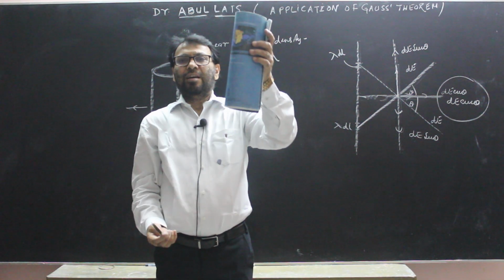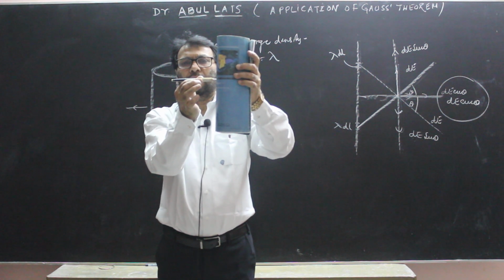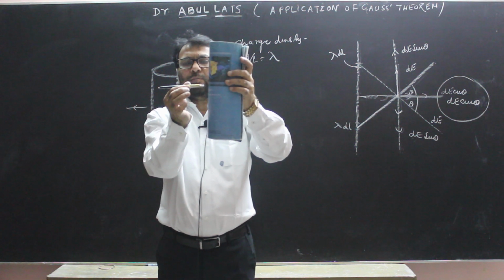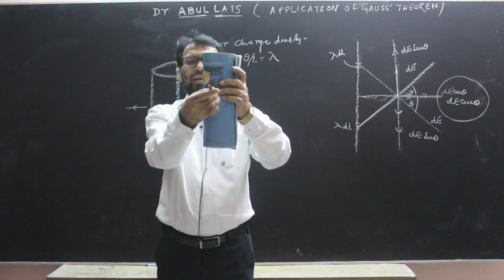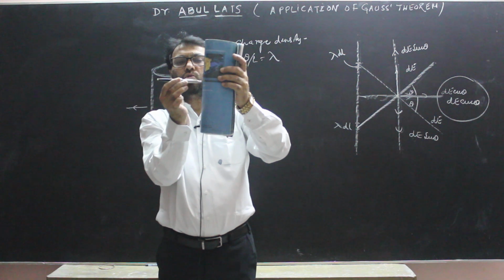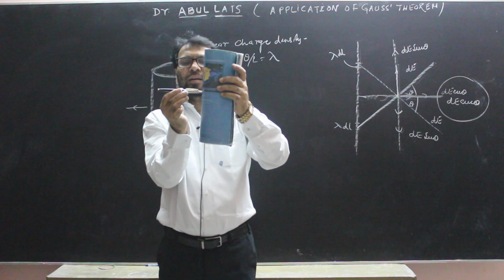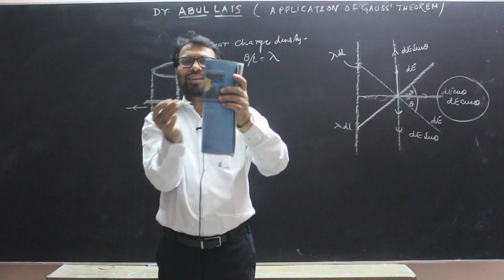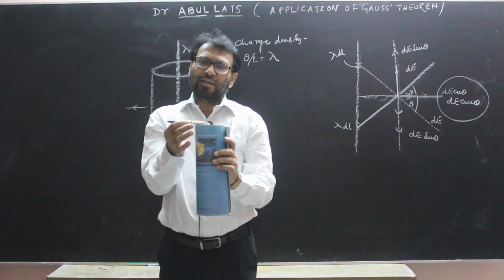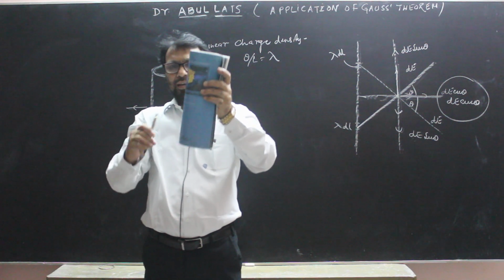This is the axis. Now the electric field is normal to the rod, that means normal to the surface or curved surface of the conductor, like that. So on the curved surface, the outward normal and the electric field are parallel to each other. At this point this is the outward normal and this is the electric field.